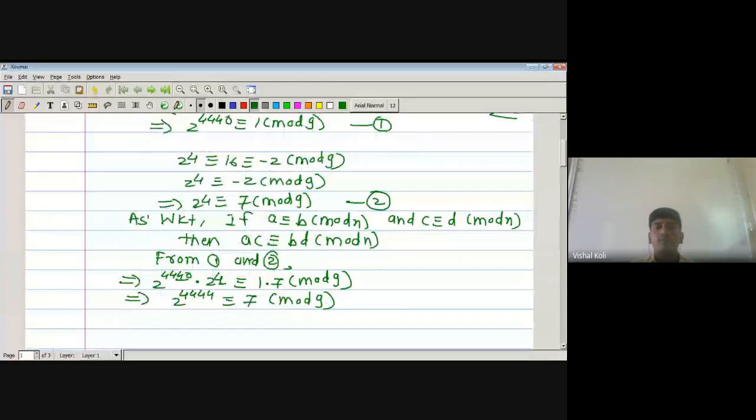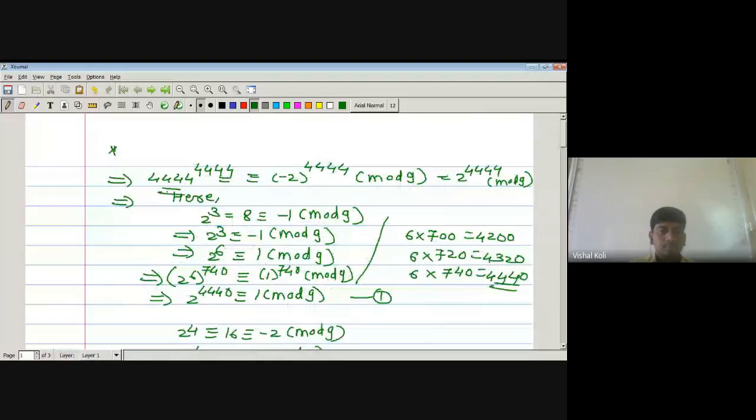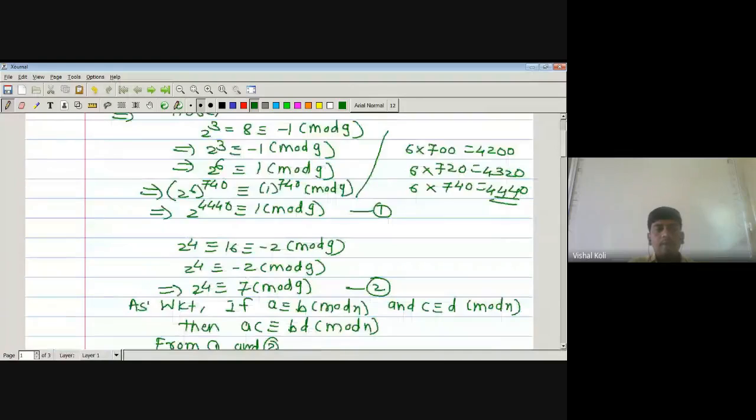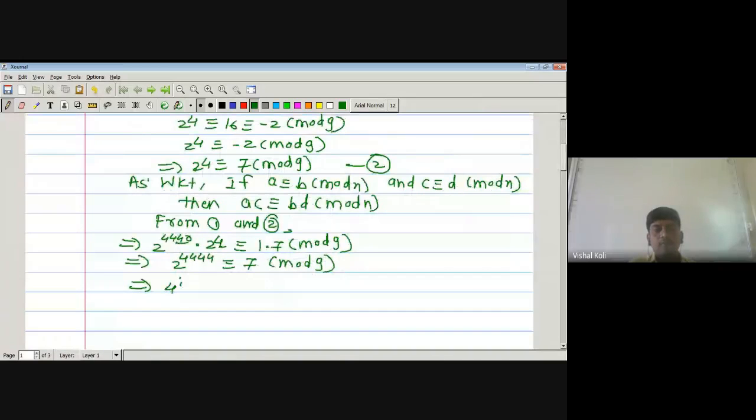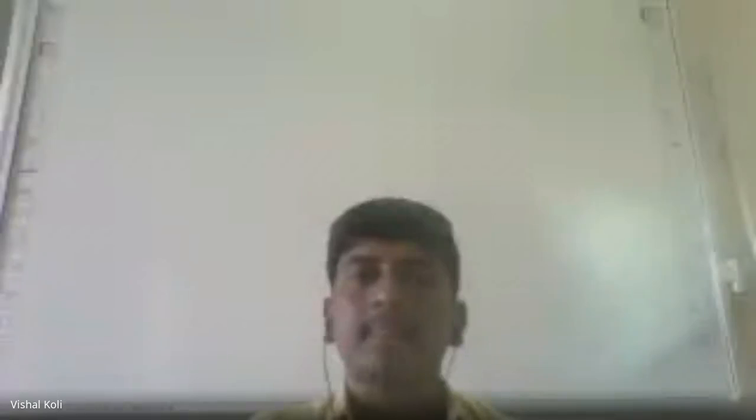Therefore, from this one we get 4444 to the power, again the same number, is congruent to 7 modulo 9. Whether this one is possible: if 2 to the power 4 is congruent to 7 modulo 9, whether this one is congruent to again 7 modulo 9, which is true by which property?